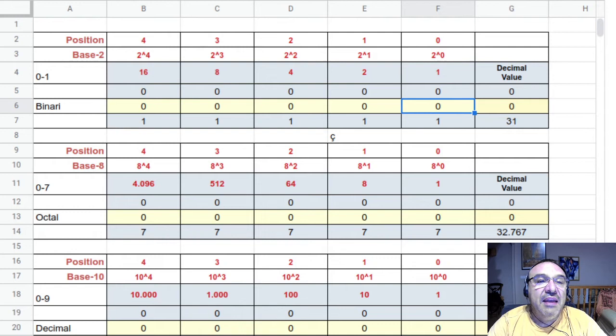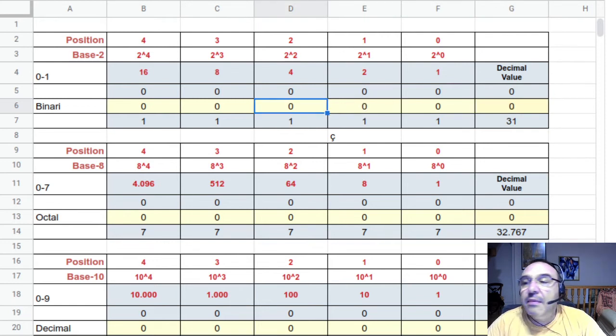For example, if you put the symbol 1 in the last position, it has the value of 1, because the base is 2 raised to the 0 exponent, and it is 1, it is units. But if you put the symbol 1 in the second position, it is 2 raised to the first exponent, and it is 2. So the value is just 2, because we are counting in base 2.